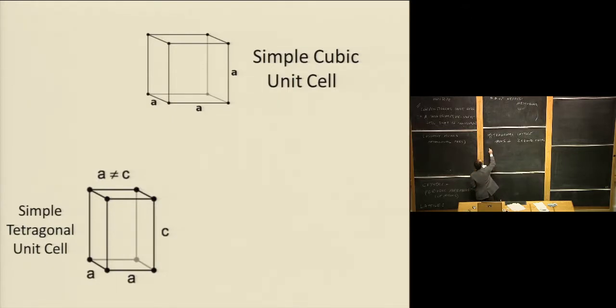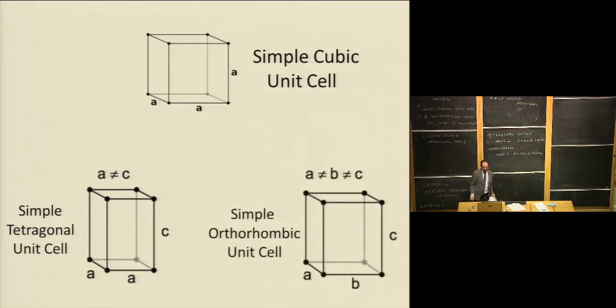The other we need to know is orthorhombic, which is axes perpendicular, no edges equal. Okay, so there we go. Simple orthorhombic, all edge lengths different, but at least all orthogonal.